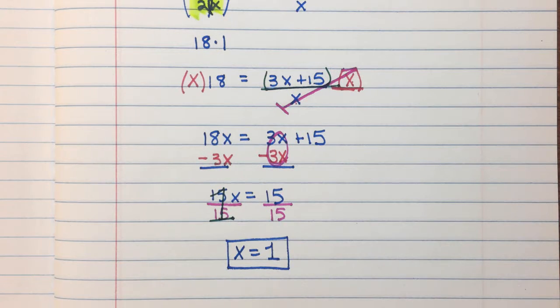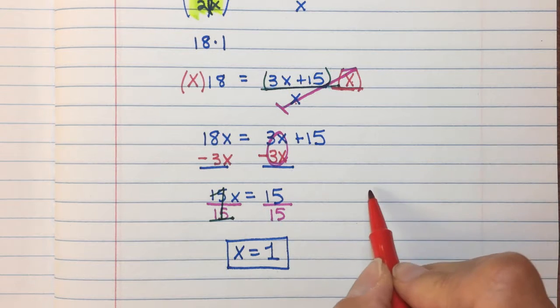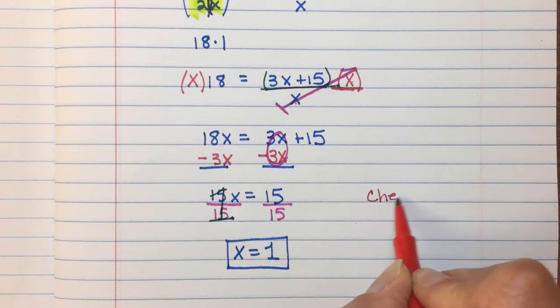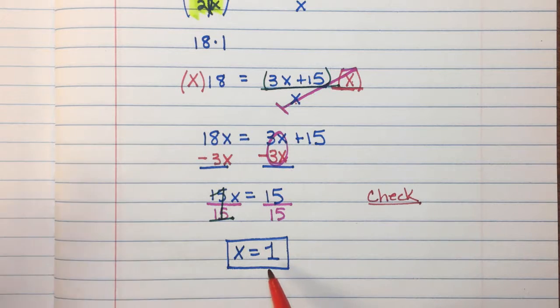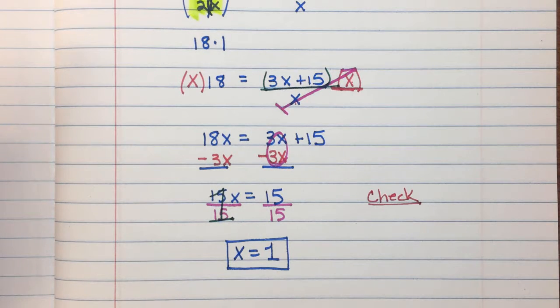In fact, if we were going to go ahead and check, let's go ahead and check our answer. I'm going to substitute in 1 for everywhere that I see an x.